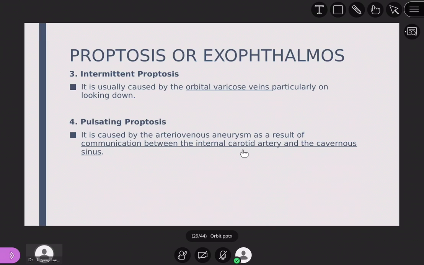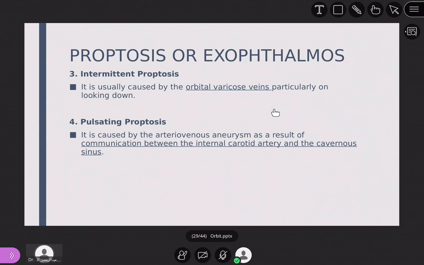Intermittent. This is very important to differentiate between intermittent and pulsating proptosis. Intermittent means that the proptosis is not there all the time. From the definition you can know the cause. It's like the varicose vein. If you know what varicose veins are, you know that it's intermittent. Varicose veins are veins that will be distended with pressure.